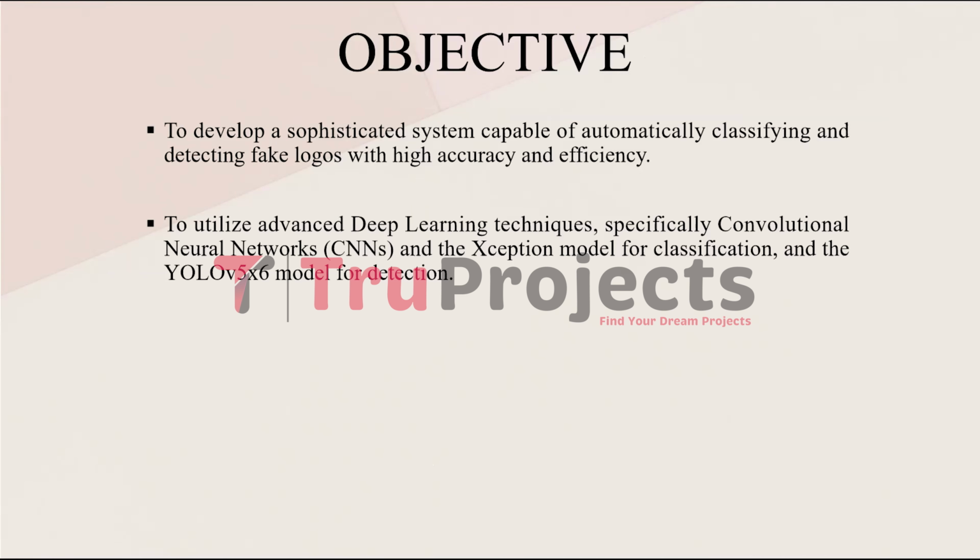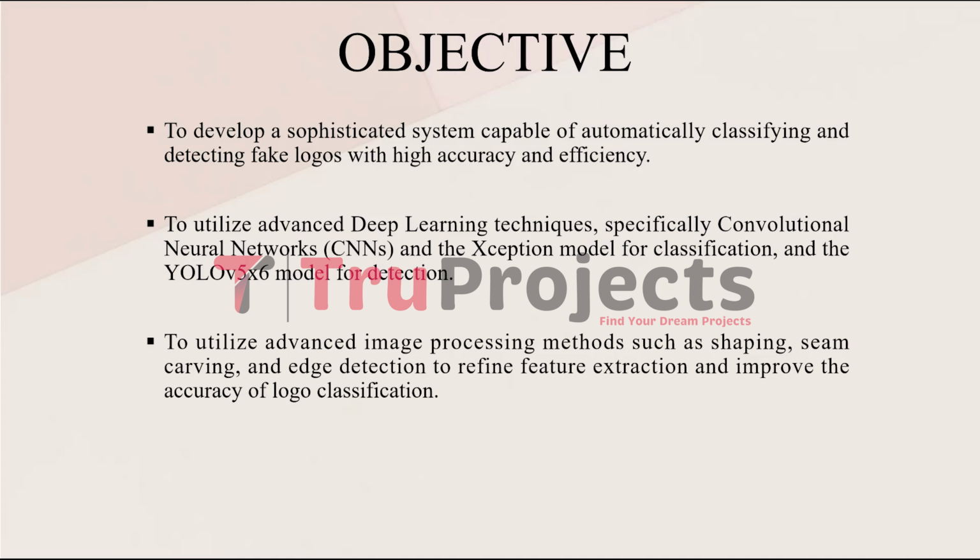For this, we leverage deep learning techniques, specifically convolutional neural network and the Xception model, to classify logos based on visual features. For detection, we use the YOLOv5x6 model, known for its speed and accuracy, to quickly identify logos in images. And to ensure the system is user friendly, we will deploy these models using Flask for easy access and interaction.